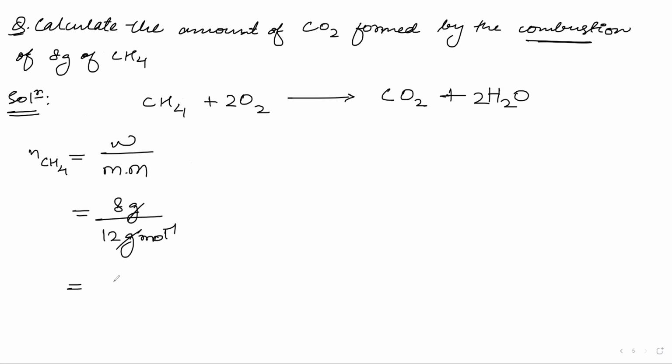Grams and grams will cancel out each other, and we will get 1 by 2 mole. So now we don't have to calculate the limiting reagent. Directly we will write the statements.